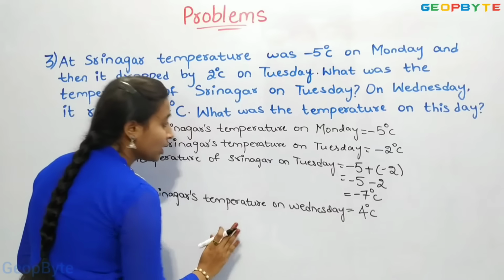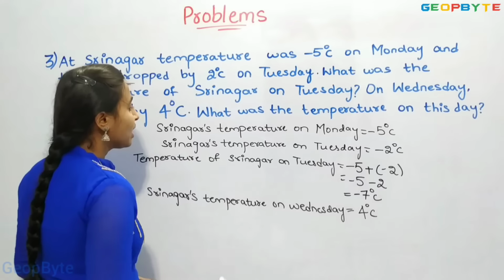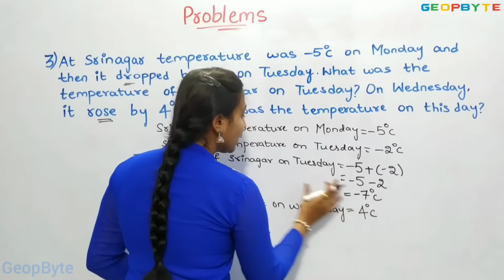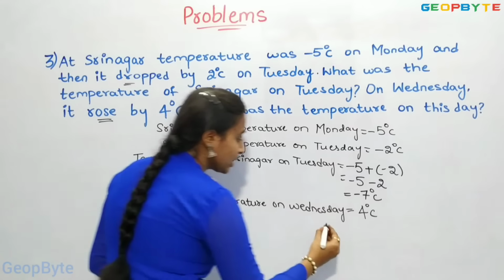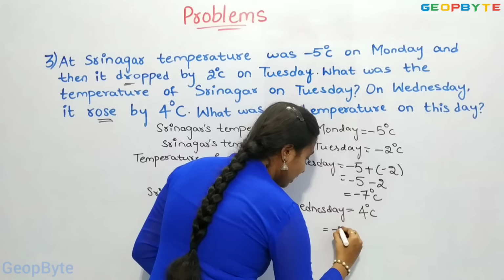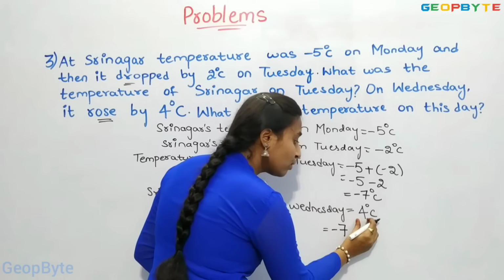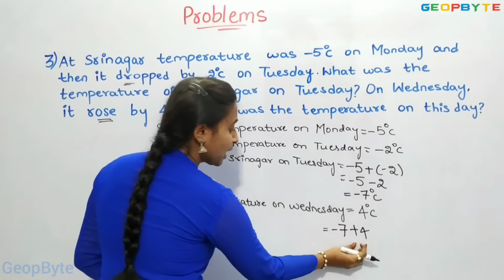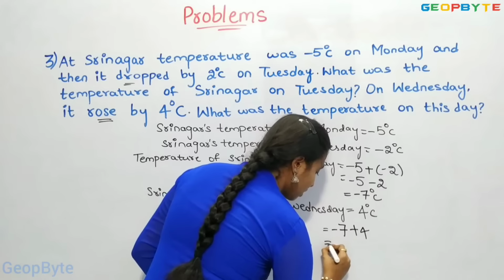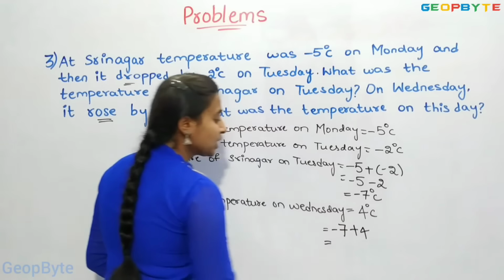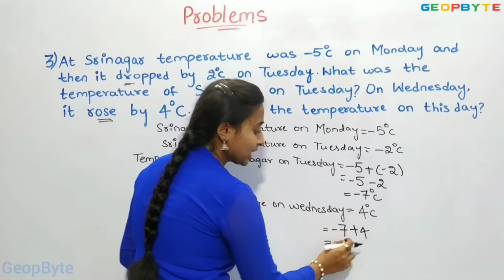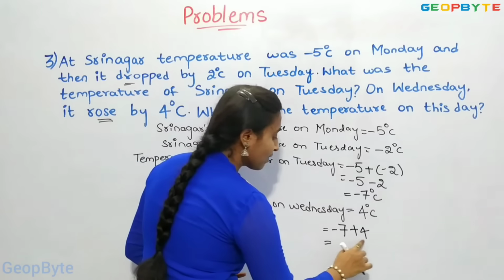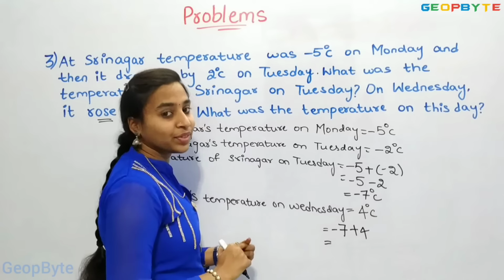Let us find out. Let us find by taking the total temperature on Tuesday, that is minus 7. It rose by 4 on Wednesday. So, let us take plus 4. Minus 7 plus 4. Minus into plus. Minus 7 minus 4, 3.